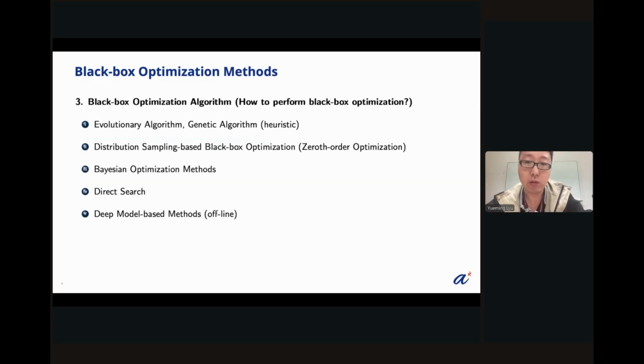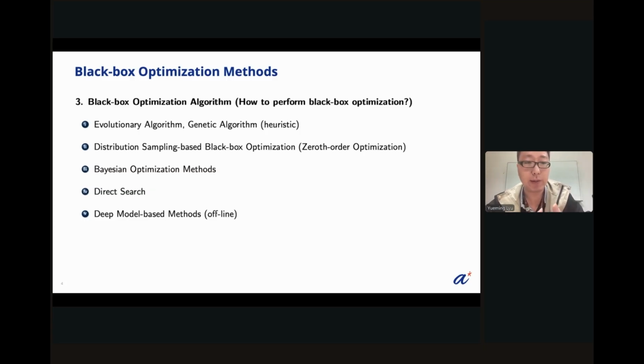How do we perform black box optimization? Black box optimization has been investigated by different communities for several decades. For example, evolutionary algorithms and genetic algorithms have been studied in the evolutionary computation community. Usually, these methods are heuristics, and the convergence is very slow.